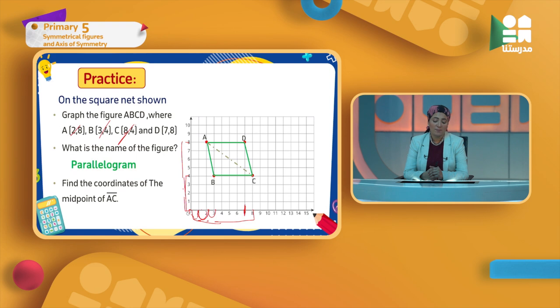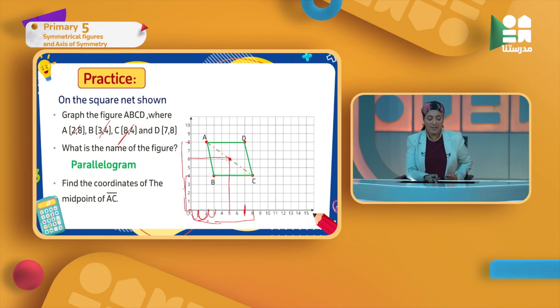So here the midpoint of AC, meaning the point in the middle of the line AC, the coordinates of this point are here. I will join a line from this midpoint to the x-axis and another line to the y-axis to tell me about the coordinates of this point.